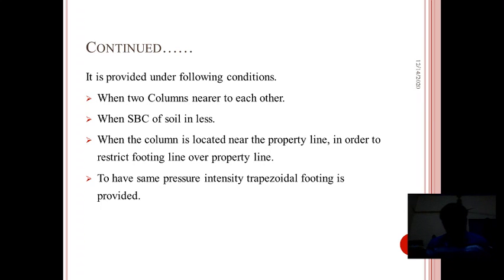That means when the boundary line is very near to the second column, in order to restrict the footing, we will combine a footing commonly for two columns. To have the same intensity or same pressure, we will give a trapezoidal shape for these types of footings.